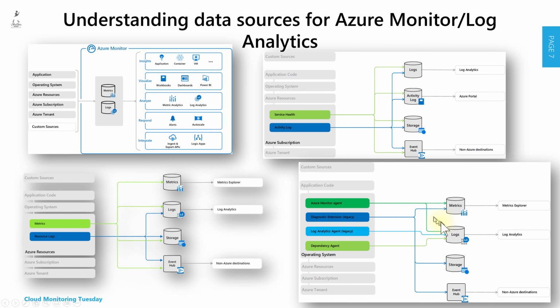So you can see the metrics, or you can send the data to the logs, but not to the storage, not to the Event Hub. When we are talking about, for example, Log Analytics agent, you can see that data will be sent just to the logs. But to compensate for this issue, an additional component like the diagnostic extension, which is also legacy for now, can send the data to the metrics, to the storage and Event Hub.